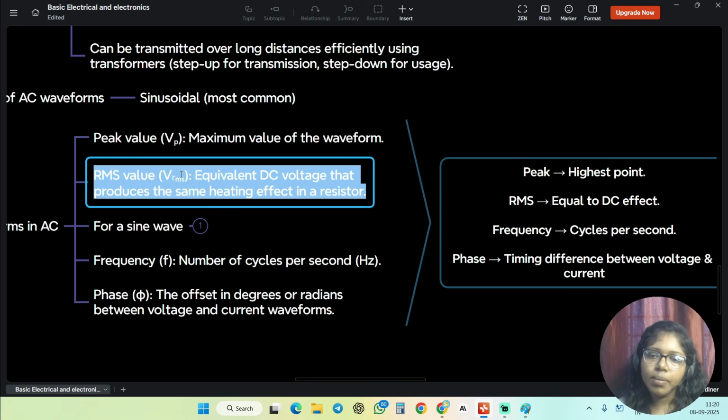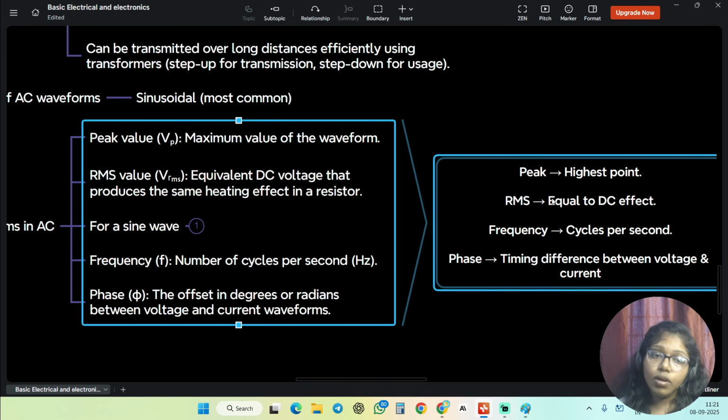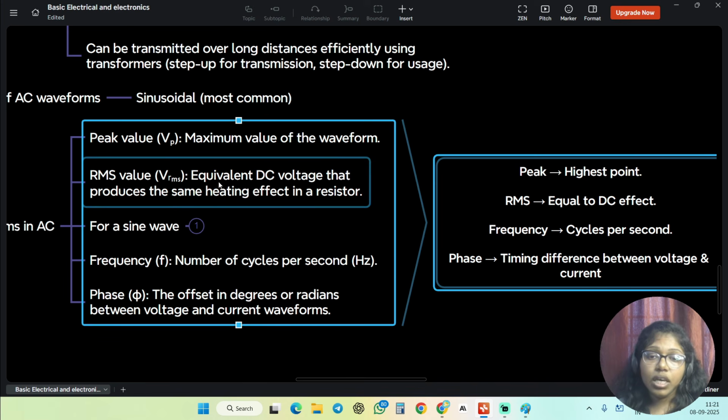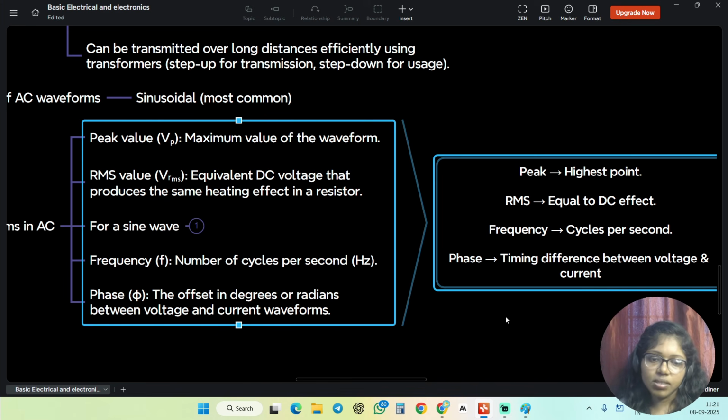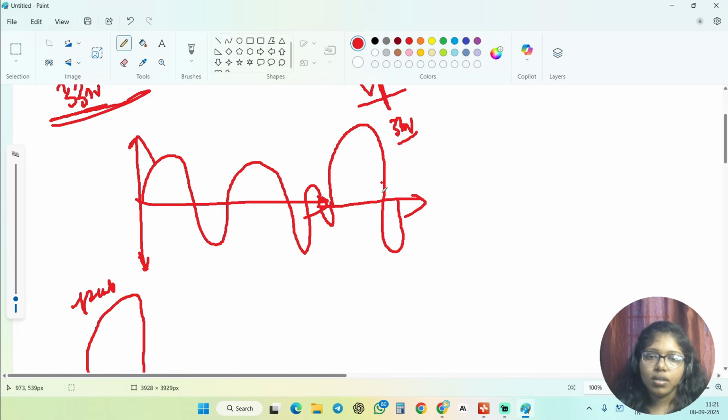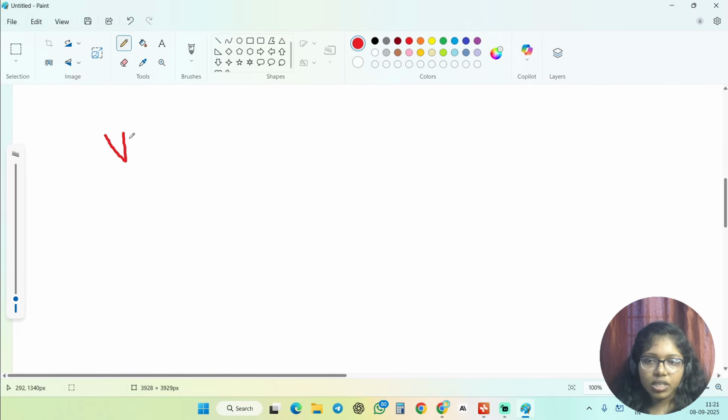Okay, and what is meant by RMS? RMS means root mean square, which is equal to the DC effect. That means the equivalent DC voltage that produces the same heating effect in a resistance. Sometimes the alternating current provides a peak value.